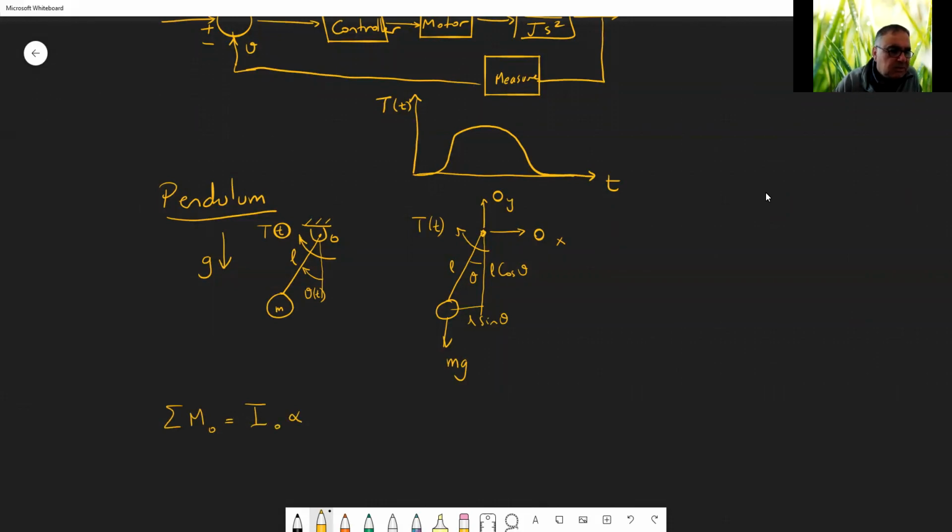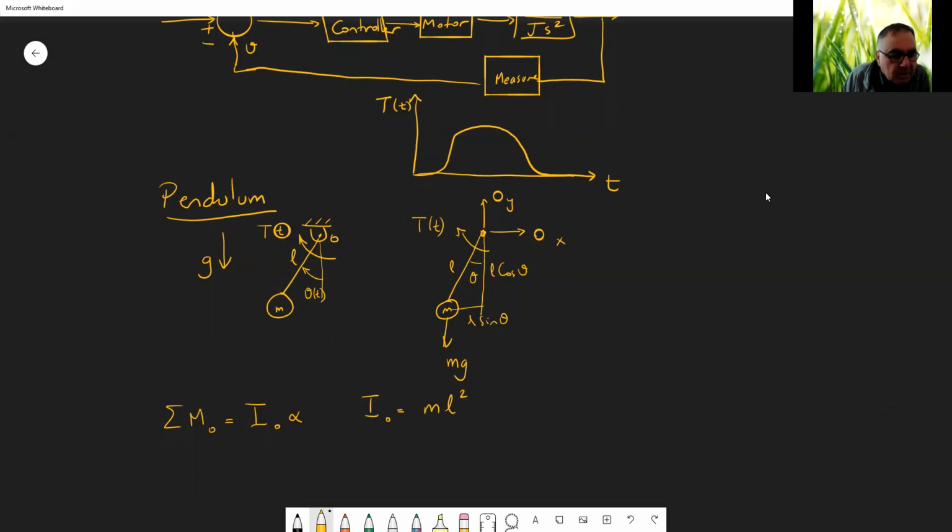We assume that this connecting rod or rope is massless, so I_O is the mass moment of inertia of the pendulum about point O. Since there is this mass here, it is ml squared, nothing else, using the parallel axis theorem if you like.